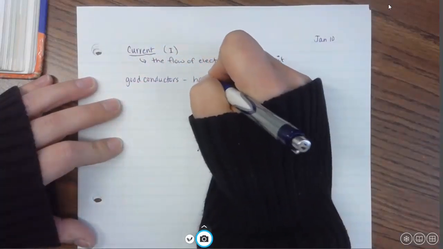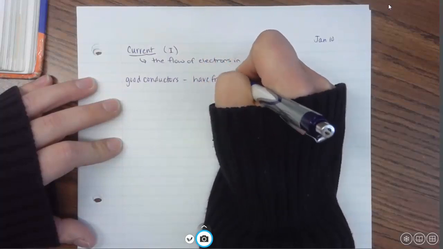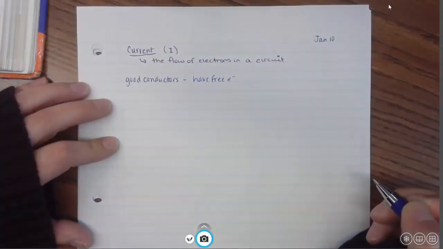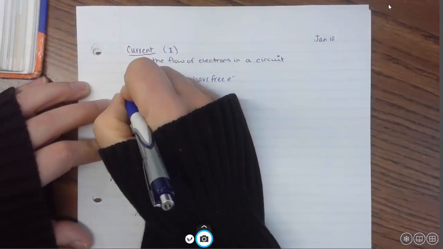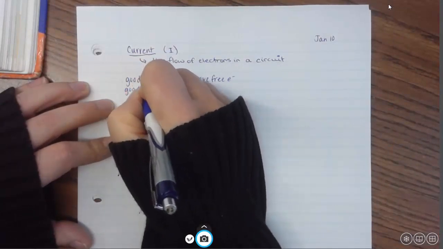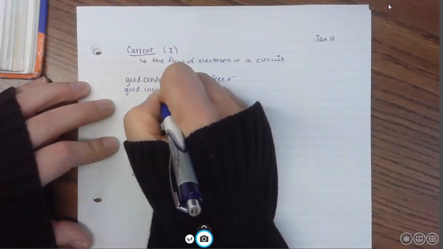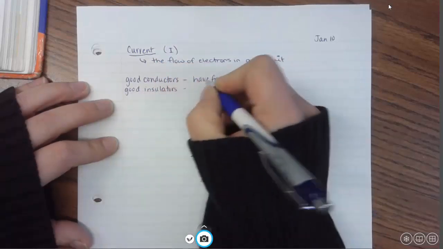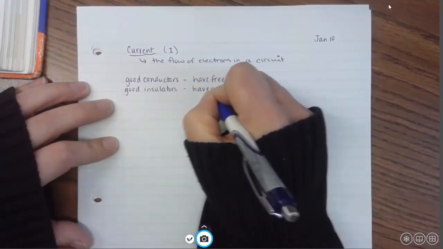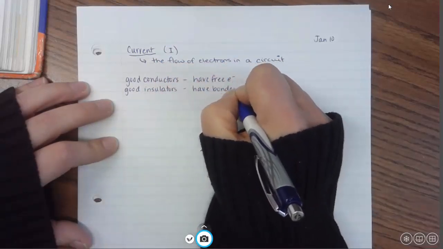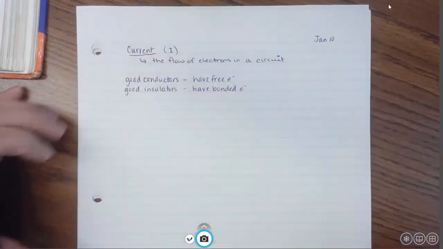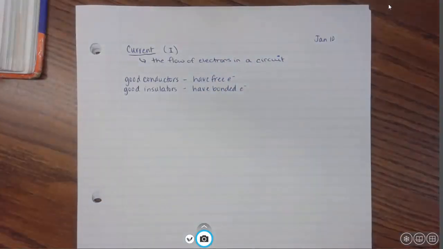They have these free electrons that are coming out of the valence shell. Good insulators, as far as electricity goes, have bonded electrons, and so the electrons can't move through very well.